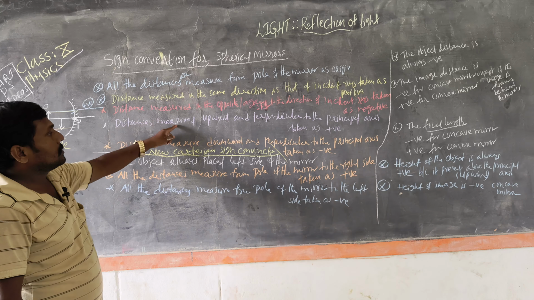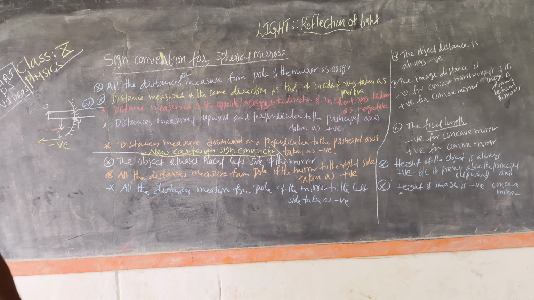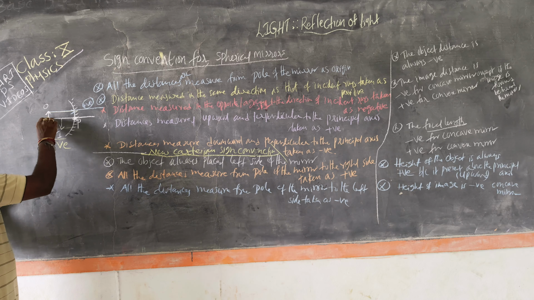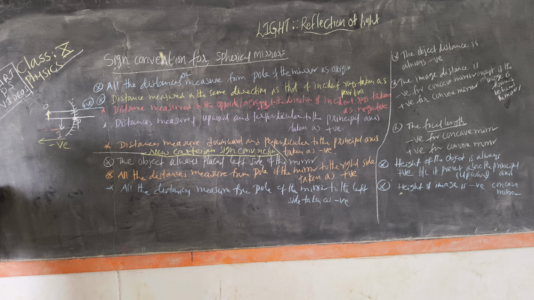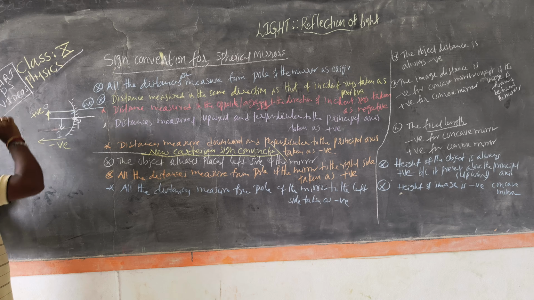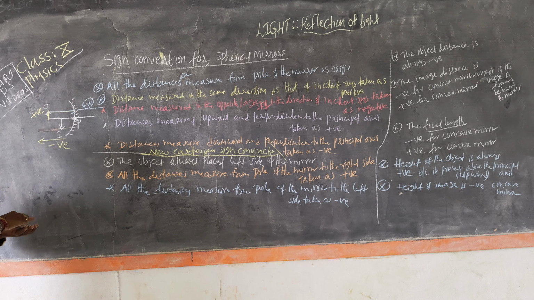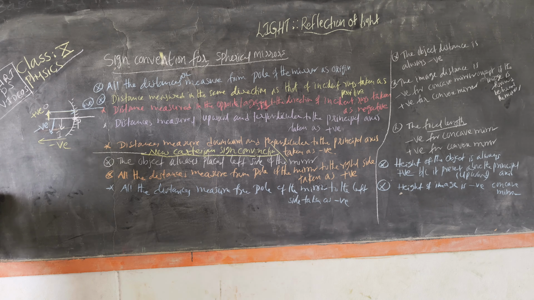Then distance measured upward and perpendicular to the principal axis is taken as positive. If anything is above the principal axis, we can take it as positive. If anything is below the principal axis, we take it as negative.